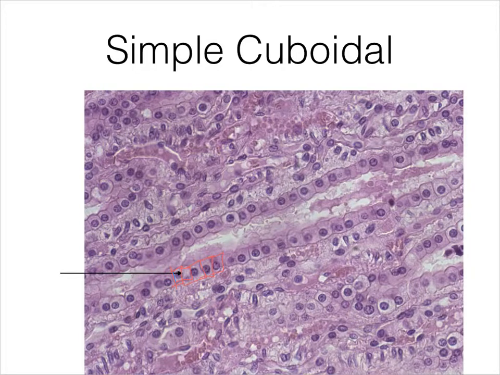Each of them is about as high as it is wide, at least in general. And you can see that underneath it, what we see is a different type of area. This is not more cuboidal cells. This is some sort of connective tissue underneath it. So we have one layer of cuboidal cells facing a lumen densely packed with each other, simple cuboidal.